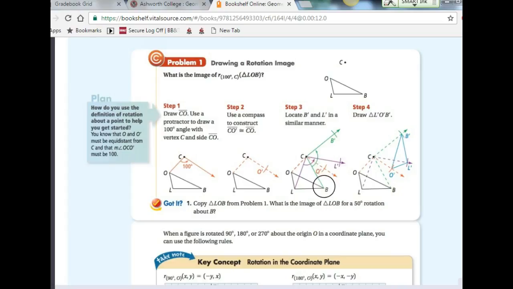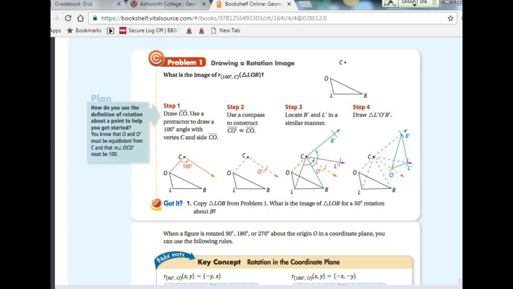They drew a straight line from C to B, lay your protractor down here, measure up to 100 degrees, make a dot. When you join C with that, you get this line right here. And then again, the distance from C to B, you would measure from C, or make that same tick mark with your compass, and where they cross, you would call that point B prime.